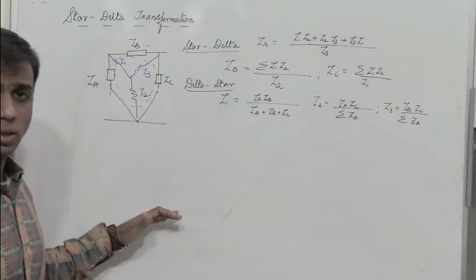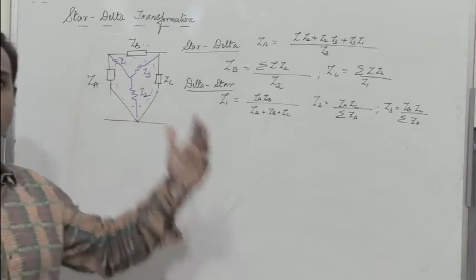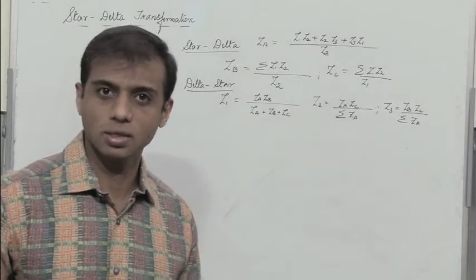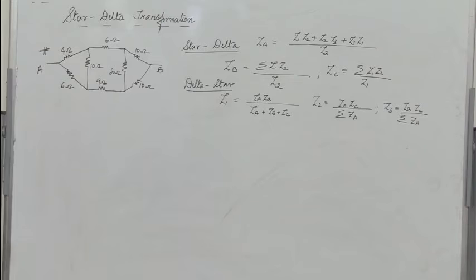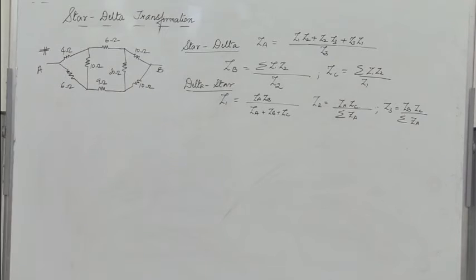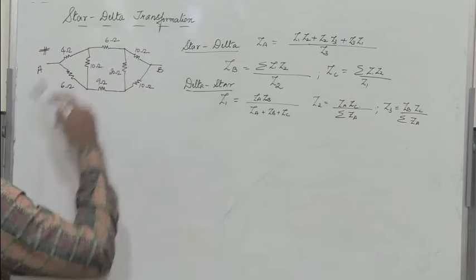So let's take one or two examples and we shall see how converting a star to delta or a delta to star will actually help us to simplify electric circuits. So given the circuit here, we need to simplify it so that we can find the equivalent resistance between the two terminals A and B. Now if you observe here, there are two delta networks, 1 and 2.